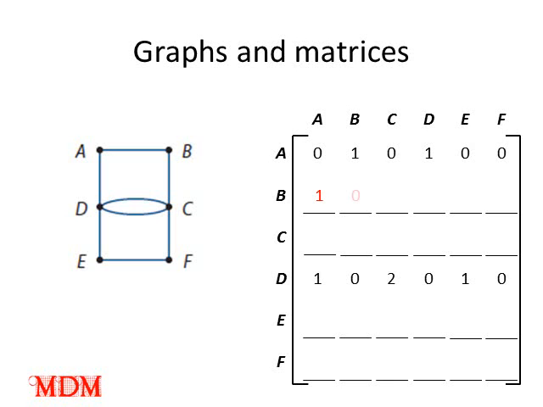Let's look at the entries for the B row and the C row, the E row, and the F row. I know that you got all of those correct.